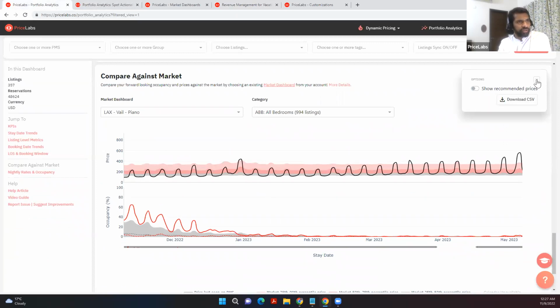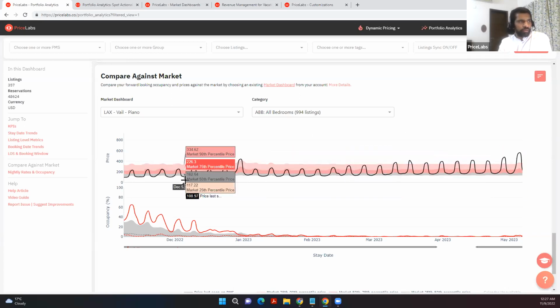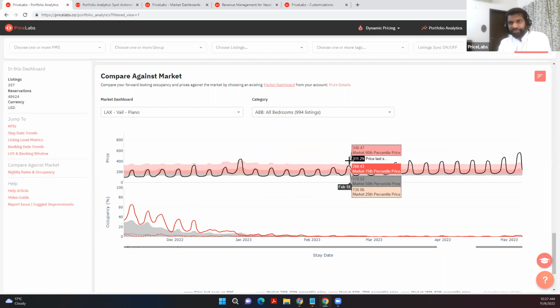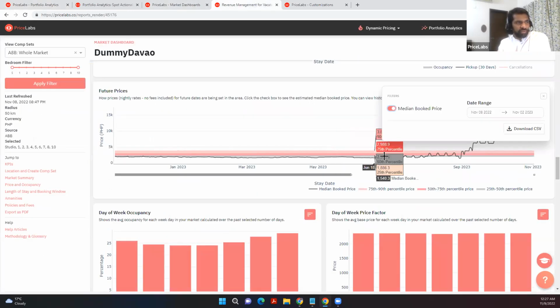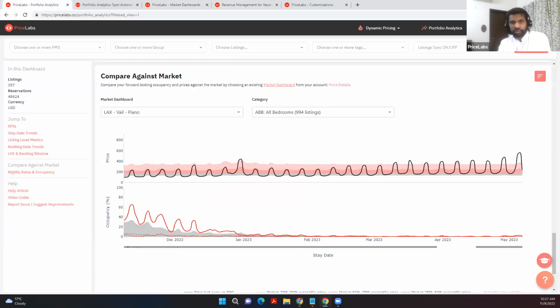Unfortunately, it does not have the median booked price, but something that we can look to add, along with your graph and the price trend, like the average price trend, is the median booked price, which does show up on market dashboards presently. You have to toggle it on, right? But something that we can look to add on Portfolio Analytics. Hopefully that will help, Roger.